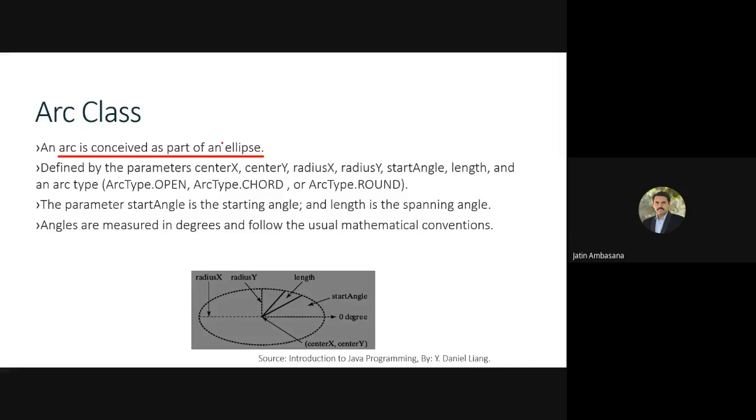So the arc class is defined by the center X and center Y. That is, this location is specified first. Then comes radius X and radius Y. Radius Y is this radius, and radius X is this radius.